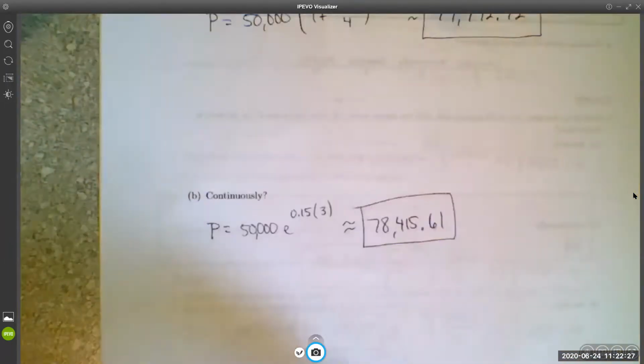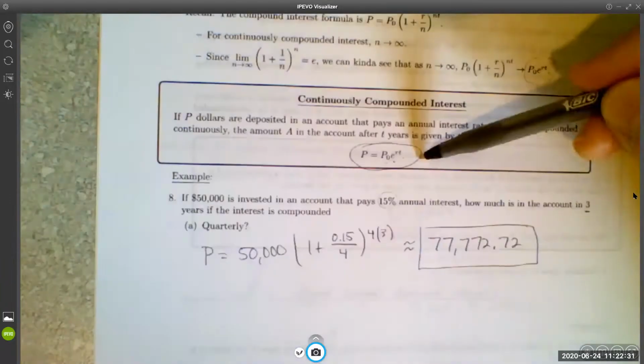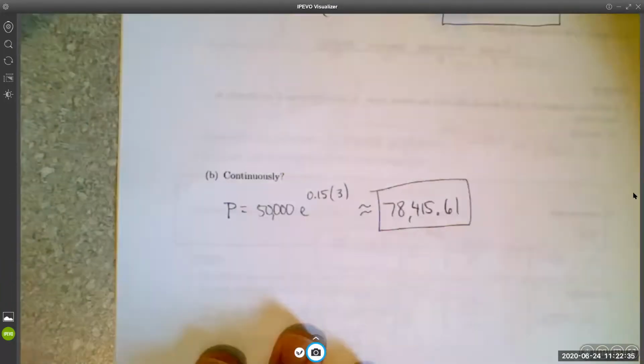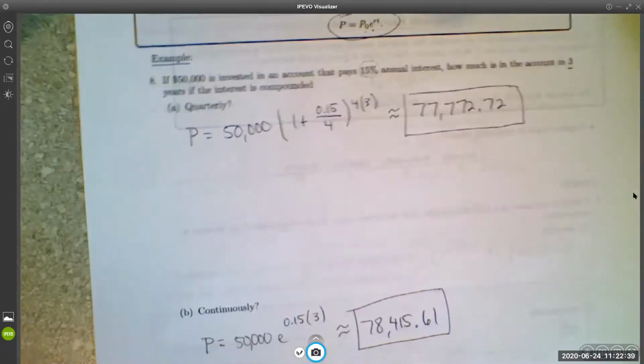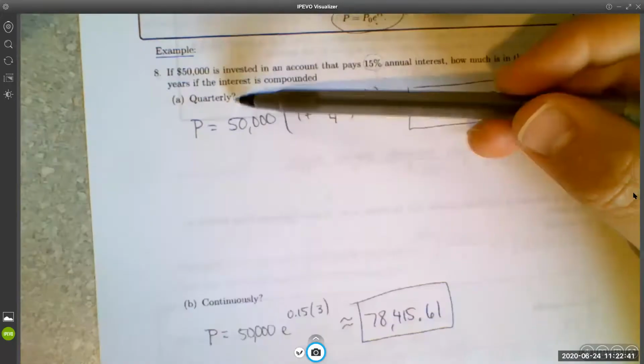So that's how we use this formula. We use it to compute continuously compounded interest. If you have finitely compounded interest, then you use this other formula. So that's how interest works.